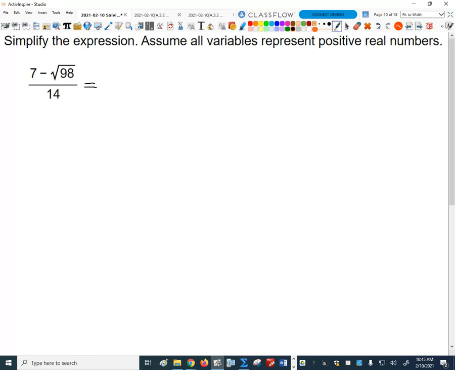So we can always split that into 2 separate fractions with the same denominator. So we would just write this as 7/14 minus the square root of 98 over 14ths. And then that's just a 1/2. And this is whatever we get when we simplify the top, right? Does that make sense? So the moral of the story there is just break it up into 2 fractions so you only have a radical in one of the 2 fractions in this case.